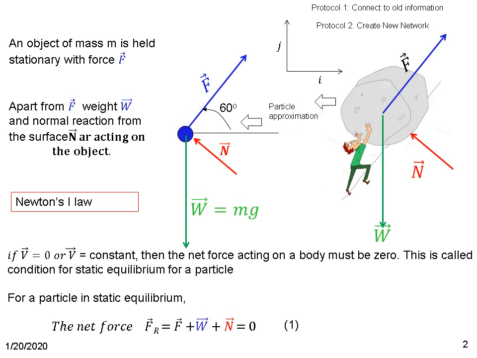This is called the static equilibrium condition for that particle. We can write this mathematically as Fr, which is the resultant force acting on the object, equal to the vector sum of the forces F, W, and N, as equation 1.